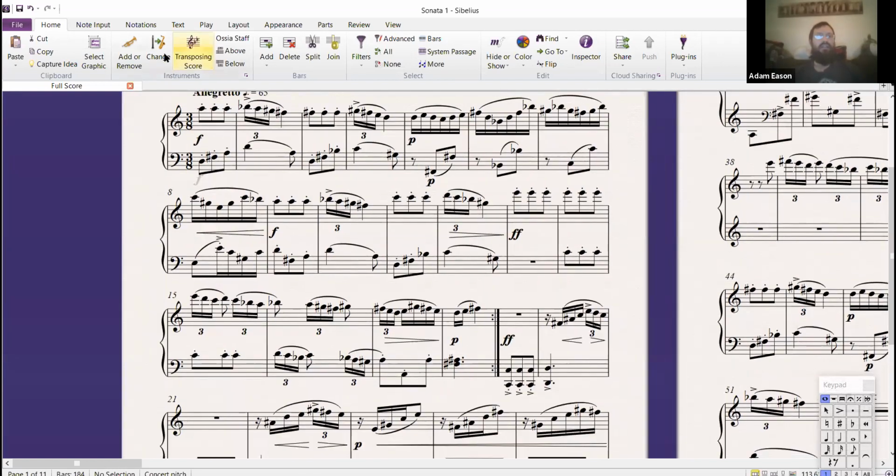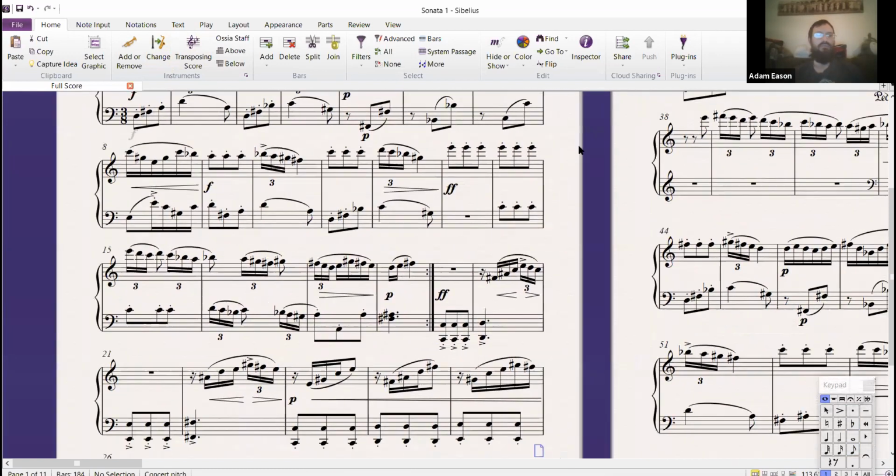But otherwise, I was mostly just following typical voice leading, like this A going up to B flat, moving by step and keeping chords moving close together.